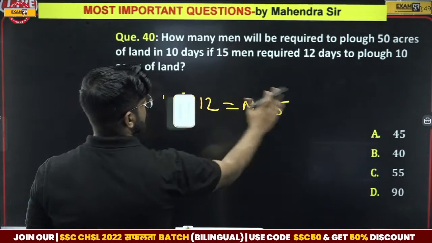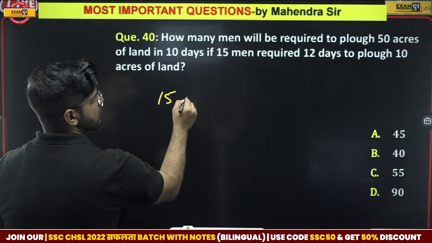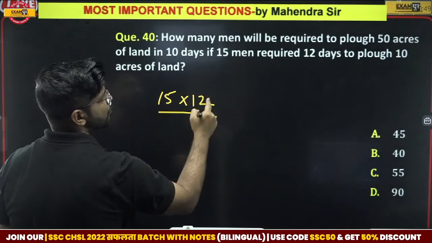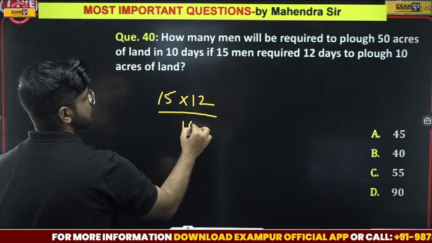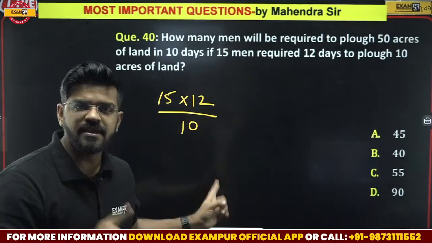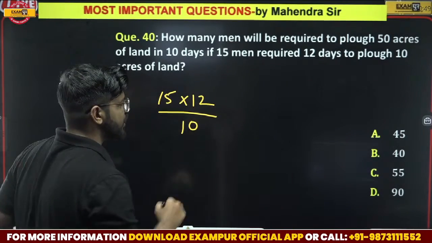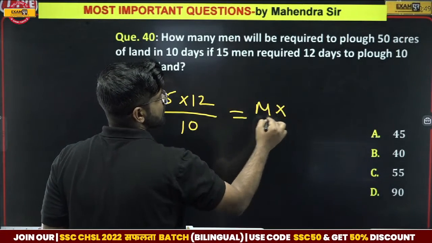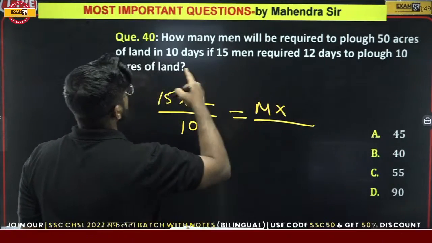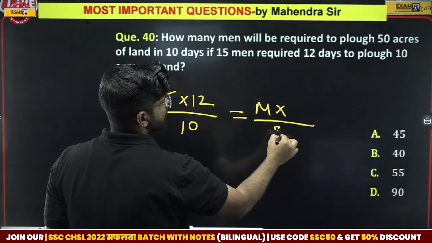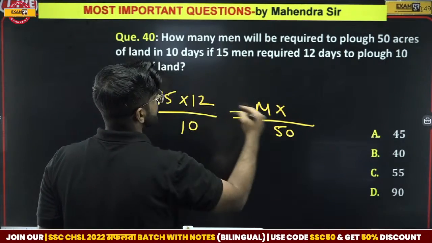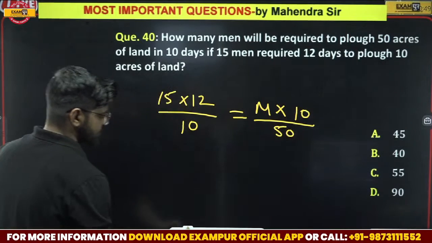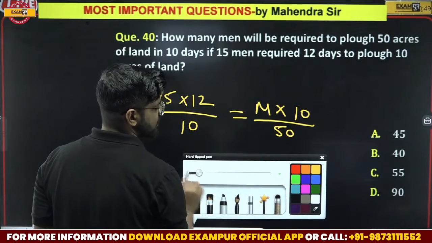Okay, 15 men are required for 12 days to plow 10 acres. So my work is given here, so I am dividing work here. Is equal to how many men are required to plow 50 acres in 10 days? Now solve this. You will get the men.